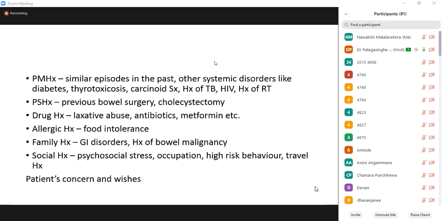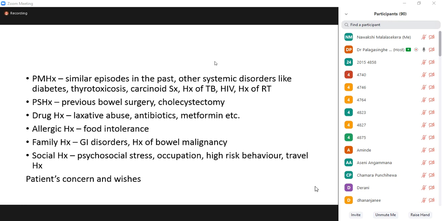In the past surgical history, whether the patient had any previous bowel operations, or whether there was a history of cholecystectomy. Somebody who had a cholecystectomy has a poor reservoir for storage of bile acids. So bile acids flow without control into the bowel.